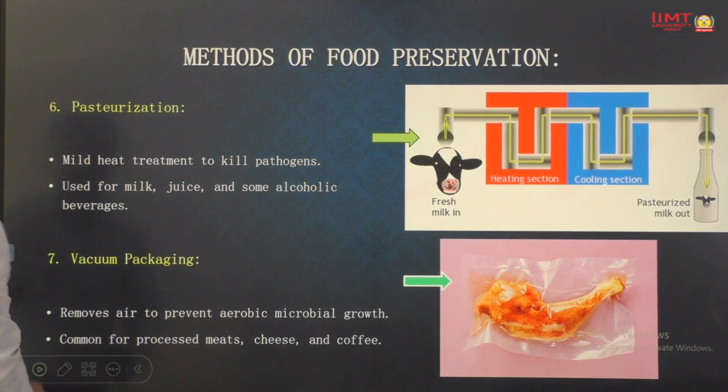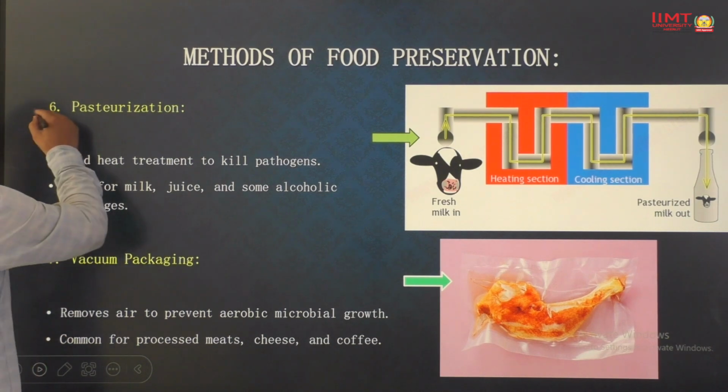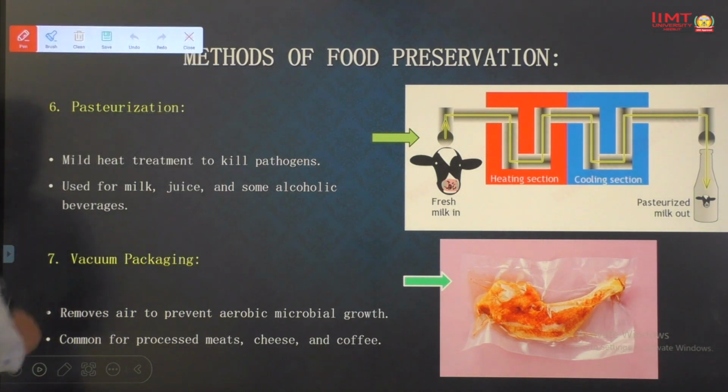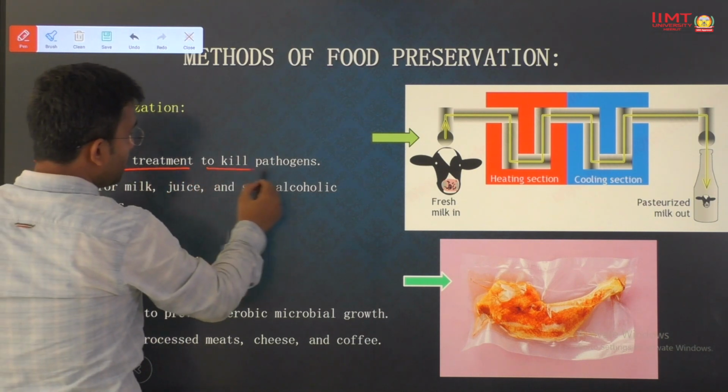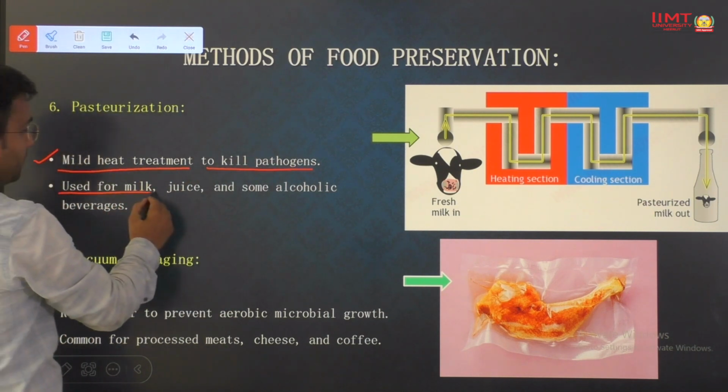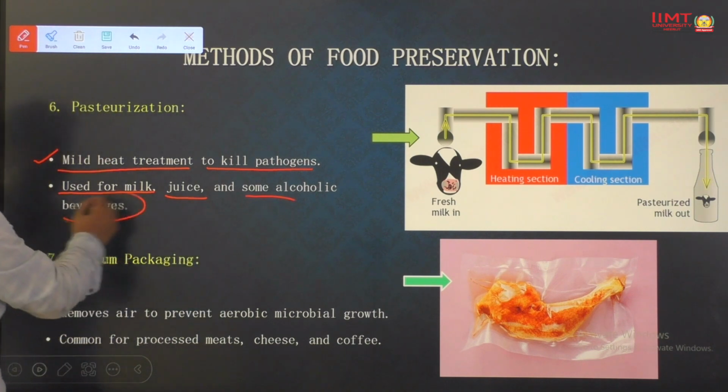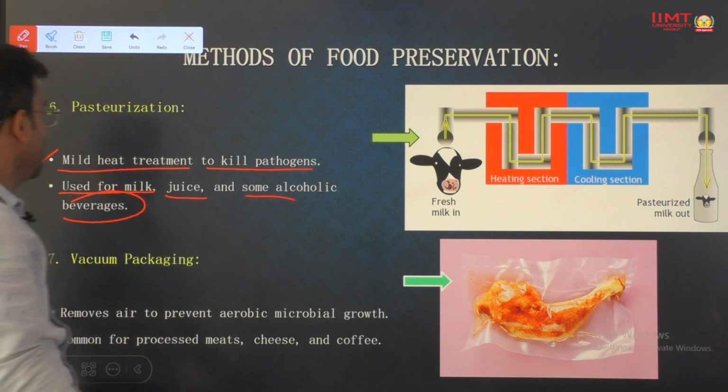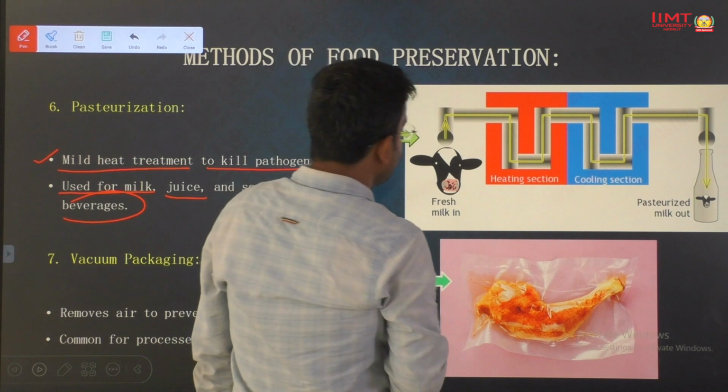Next, number six, is pasteurization. Pasteurization means a mild heat treatment to kill pathogens, used for milk, juice and some alcoholic beverages. We know about pasteurization.